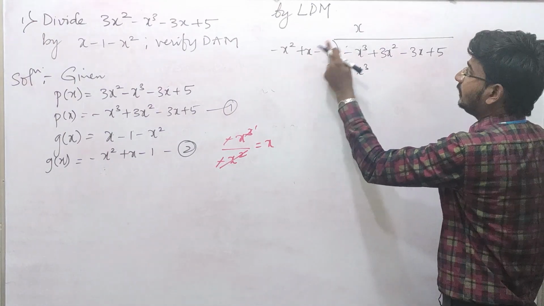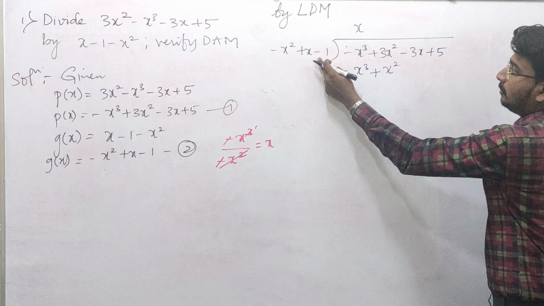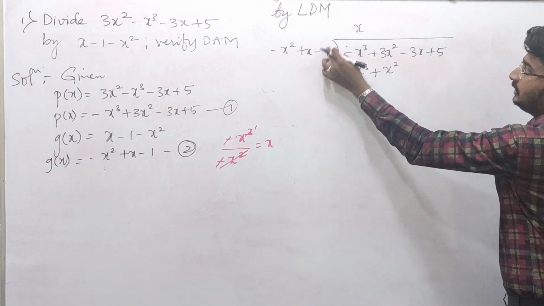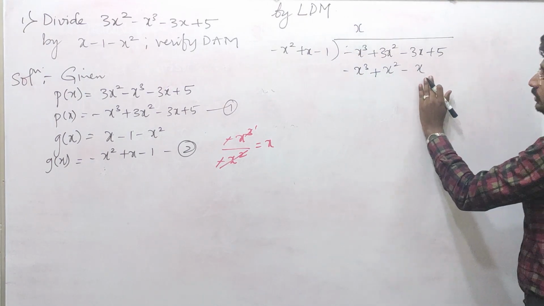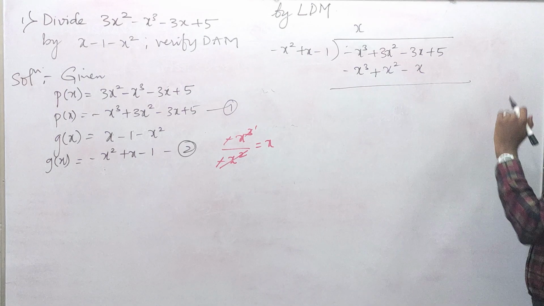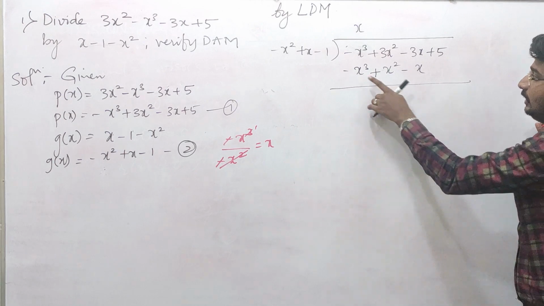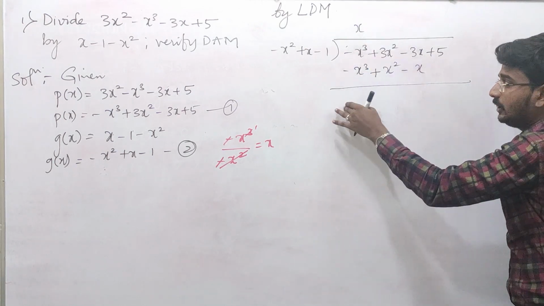Again multiply, plus into plus, plus x into x, x square, minus 1 into x, minus x. So the new terms have signs minus, plus and minus. According to long division method, we have to change the sign of the new terms so that I can reduce it.